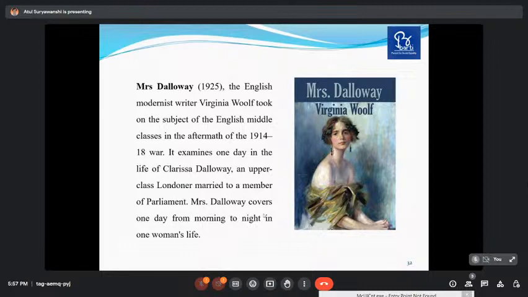Mrs. Dalloway covers one day, from morning to night, in one lonely woman's life. So Mrs. Dalloway is the story of a lonely woman. It is a very beautiful story from the psychological point of view.